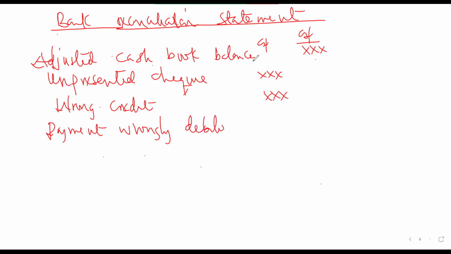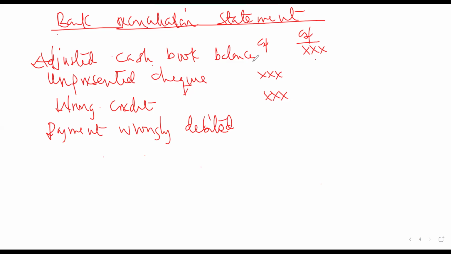Sometimes we make a payment, so it has been captured in our cash book, but instead of the bank subtracting it from our amount, they have charged that particular amount to a different customer. So it means that our cash balance or our bank balance has not been touched at all. The subtraction was not done.